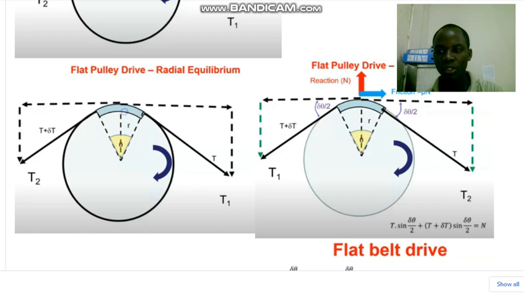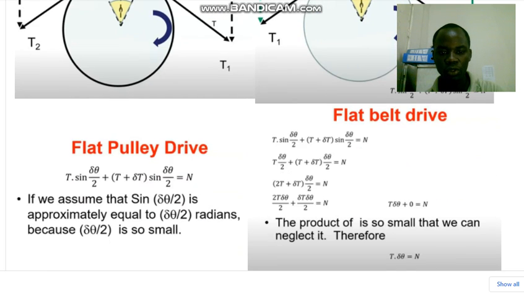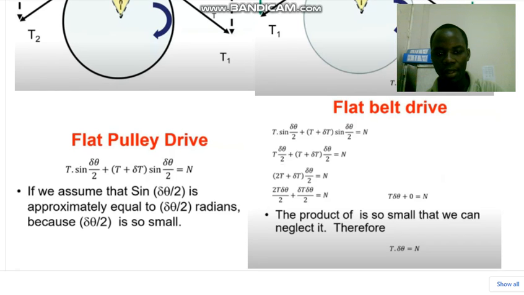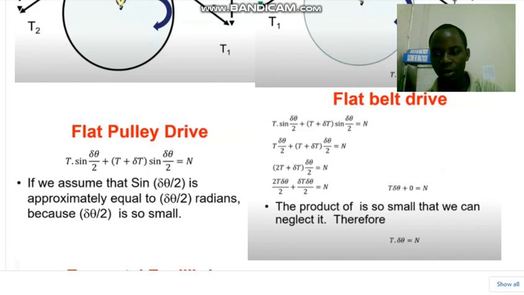If we simplify this and remove the brackets by multiplying delta theta over 2 with T and delta T, we get an equation whereby 2T delta theta over 2 plus delta T delta theta over 2 is equal to N. We can conclude that the product of the two small terms is so small that we can neglect it.